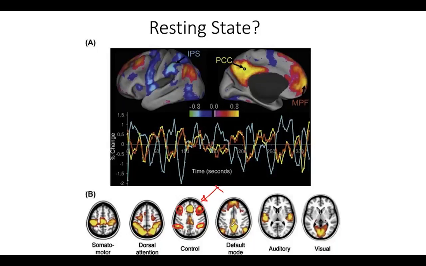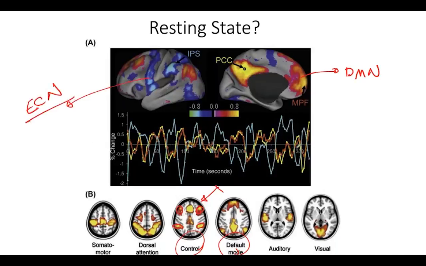And there are networks that are negatively correlated to the control network. So, especially these two networks. Here, you can see the activations that are related to default mode network. And most of these activations are related to executive control network, ECN.